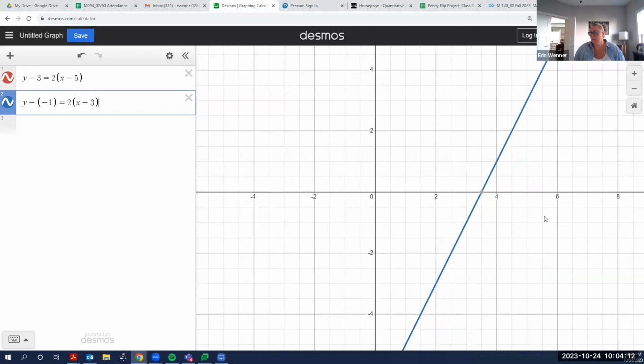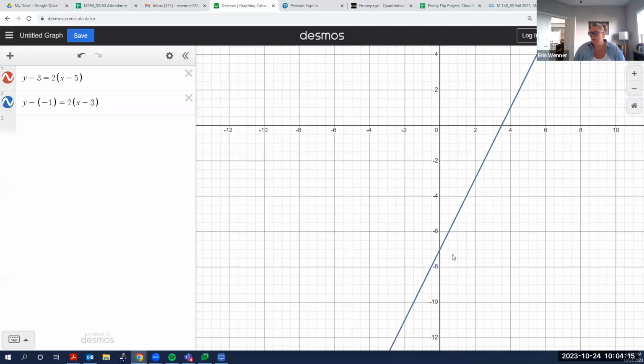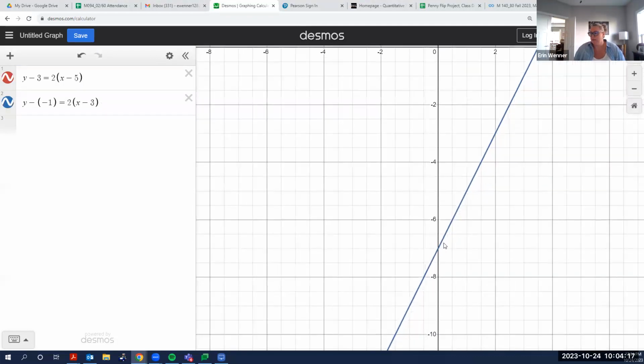Okay. Now we can see just from looking at this, if we click on the line, you can see that the slope is 2. We can transfer these equations from point slope form into slope intercept form by distributing and then isolating our y variable, and we'll do that on the next page.